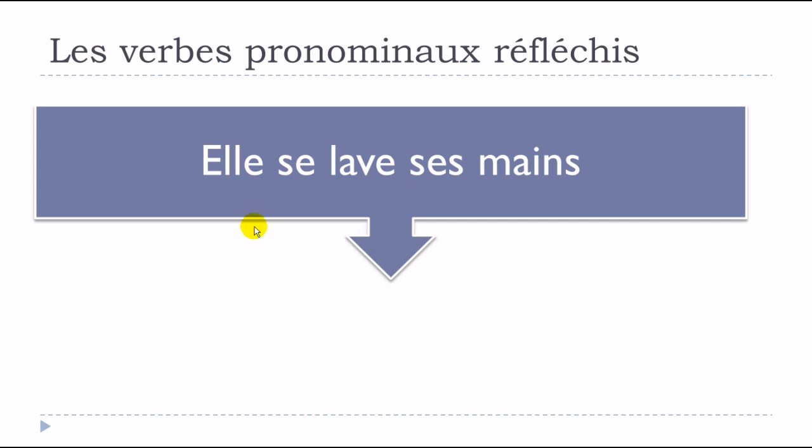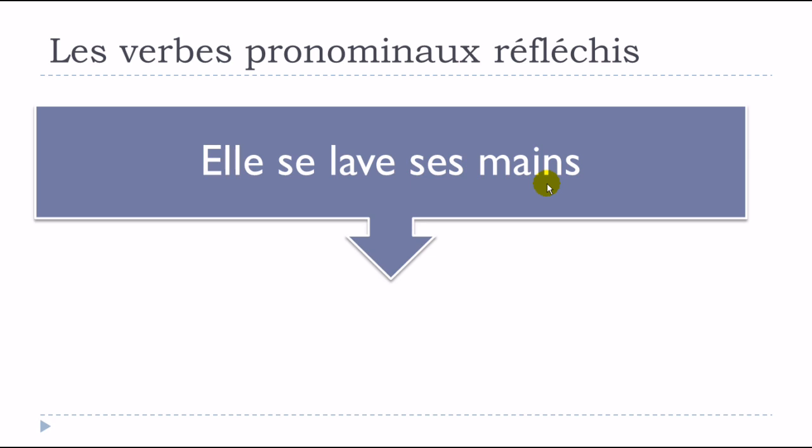This is one thing that I've been seeing quite often. Elle se lave ses mains. Okay, so in many situations students tend to put here, instead of what we saw, which was les mains, they want to put the possessive, so they want to put ses mains.